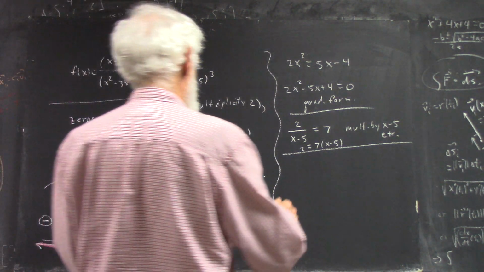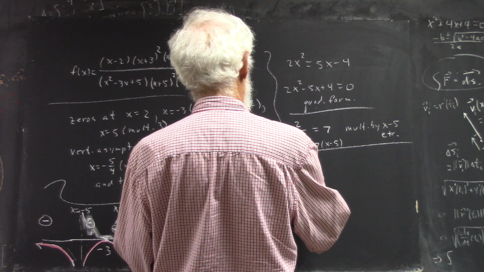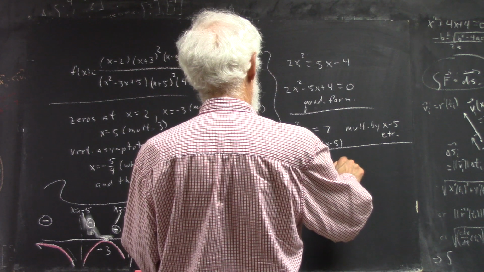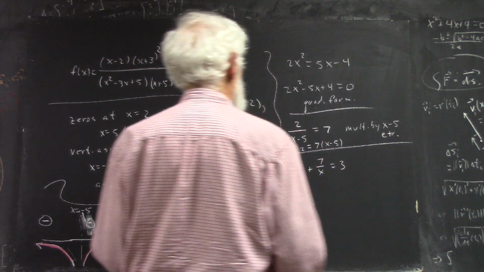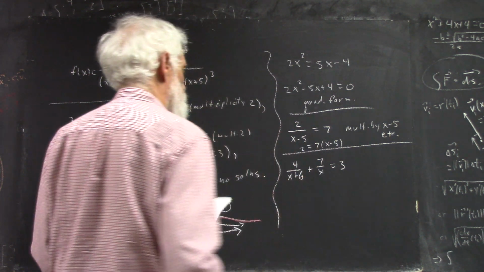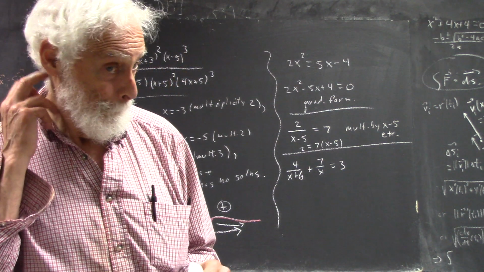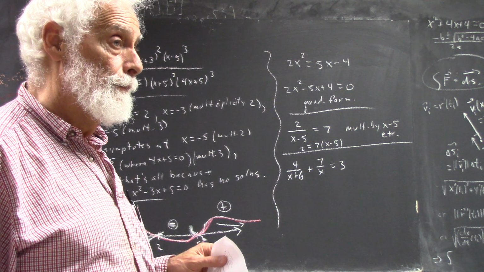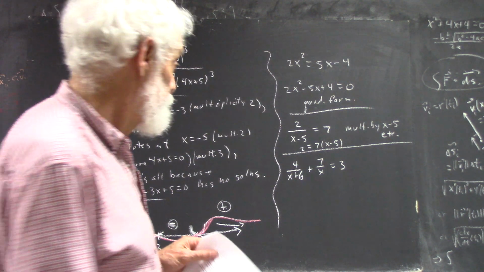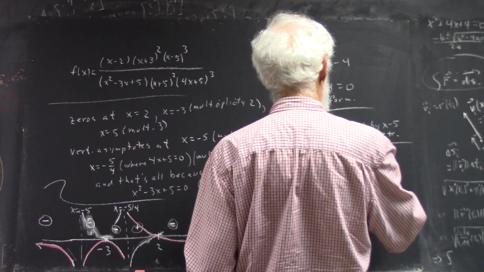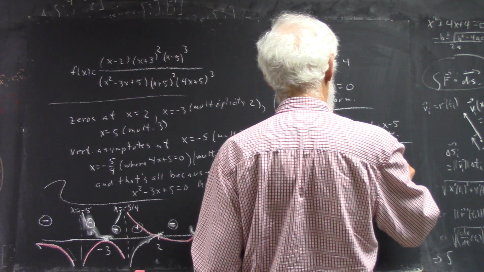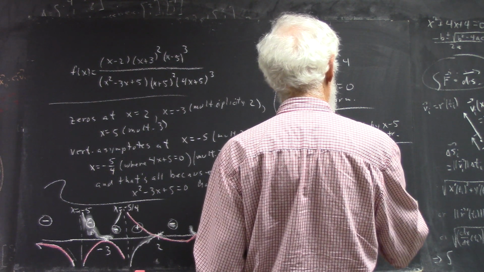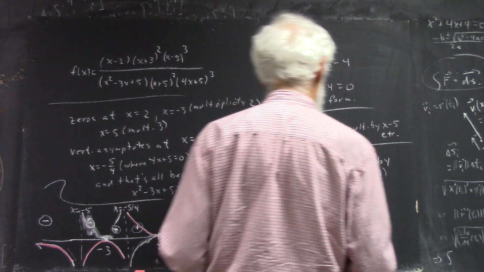Okay, what about this? What do you do now? Multiply by a common denominator. Yeah. You multiply by x times x plus 6.